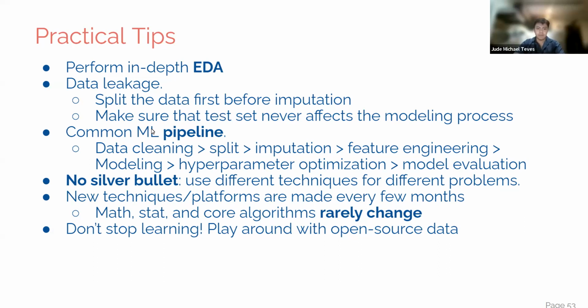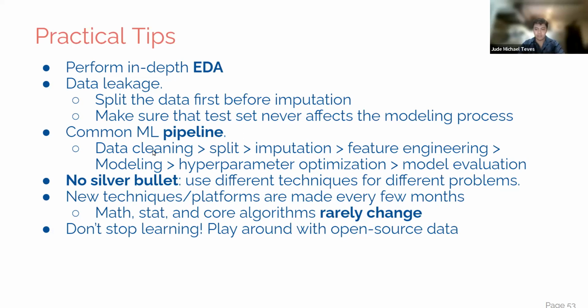So here's the common machine learning pipeline. You do data cleaning, you split it, you do some imputation, then you do feature engineering, like scaling, and it's important that you do scaling before you do other machine learning techniques later on. It's the best way to do things.